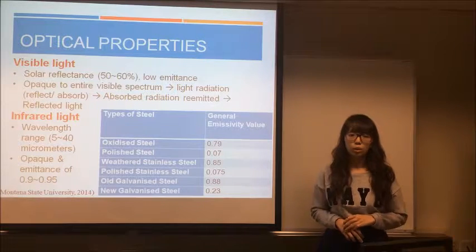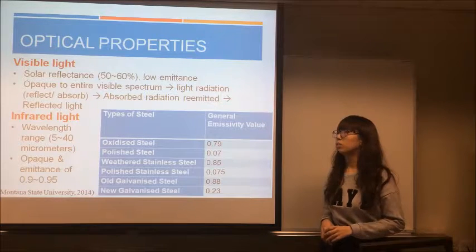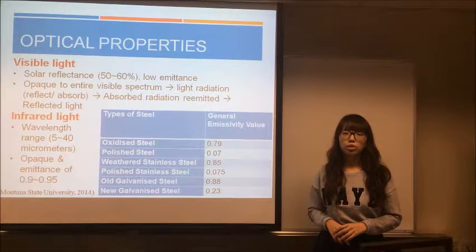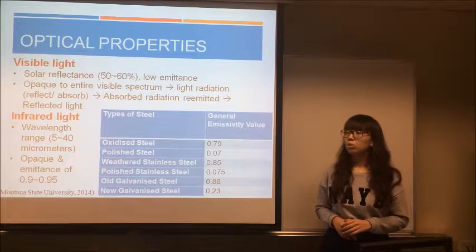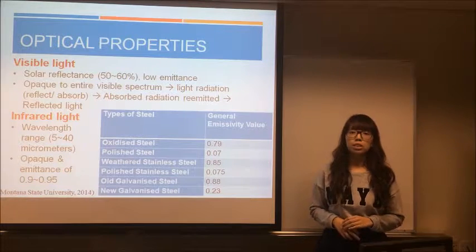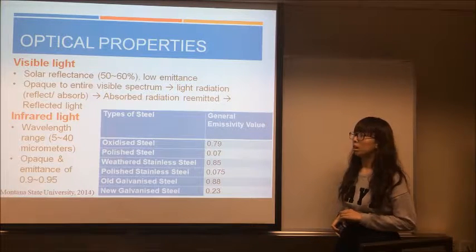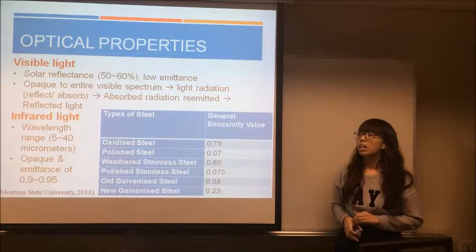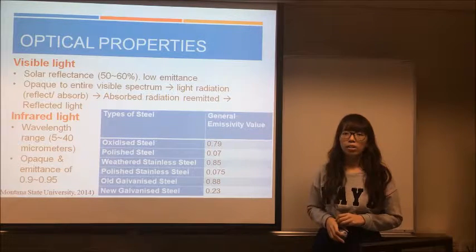Secondly, in terms of the infrared emittance, the wavelength range for this radiant energy is roughly 5 to 40 micrometers. In this spectrum, most of the building materials are opaque and have an emittance of 0.9 to 0.95.